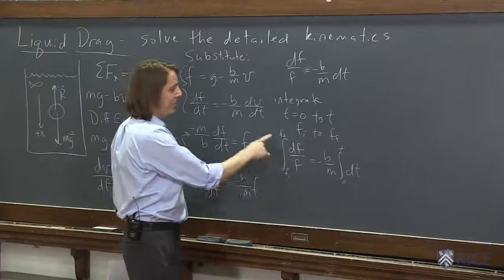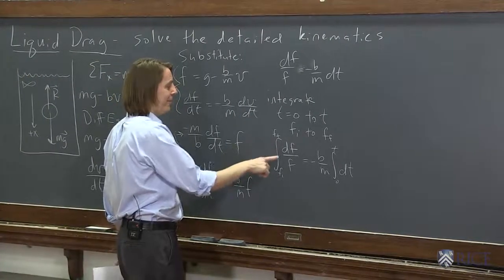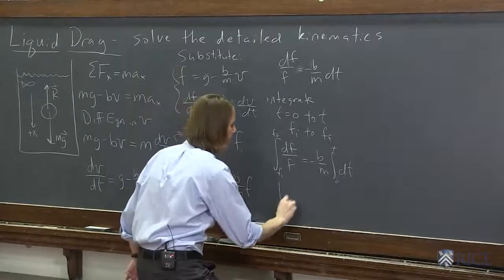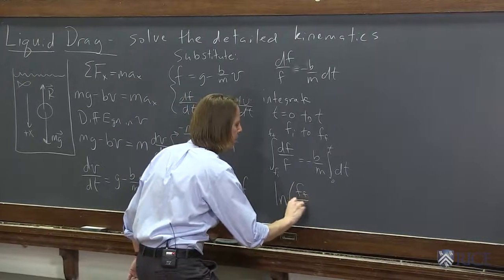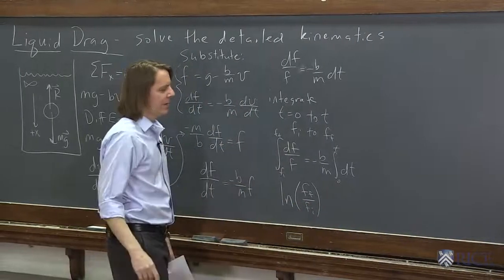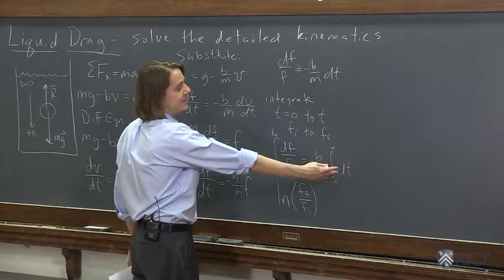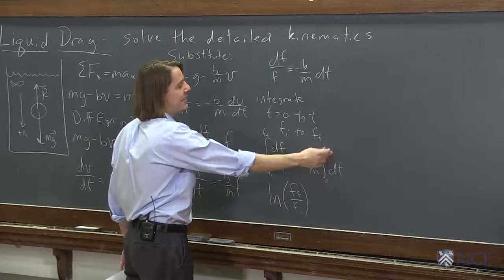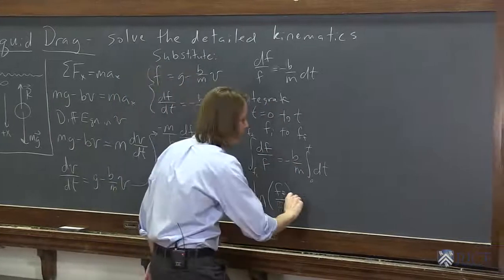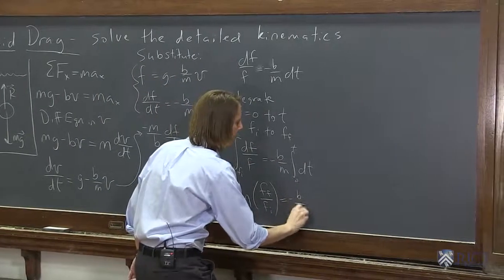If I apply the limits, it's the natural log of ff minus the natural log of fi, which, if you know your natural logs, is the natural log of the ratio. That's what you get when you integrate and evaluate the limits of that side. And the integral of dt is just t. Evaluated at t minus 0, this just becomes t. So we didn't mess with a prime in there, minus b over m t.